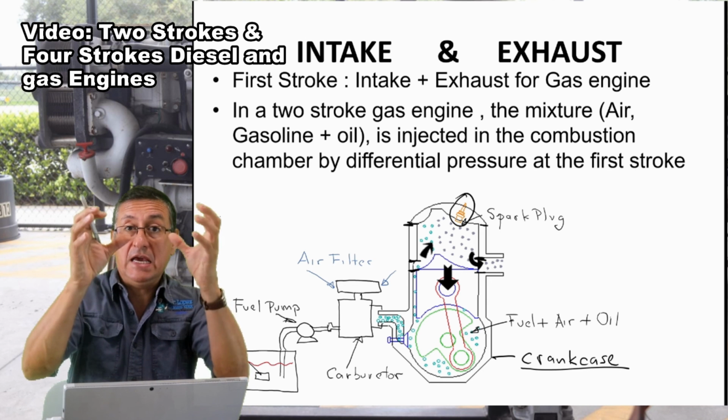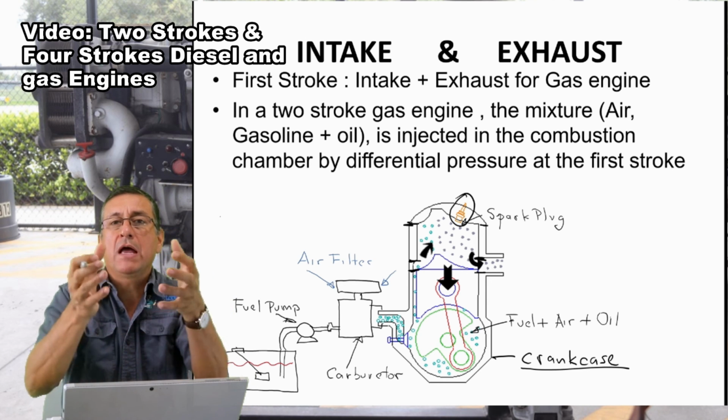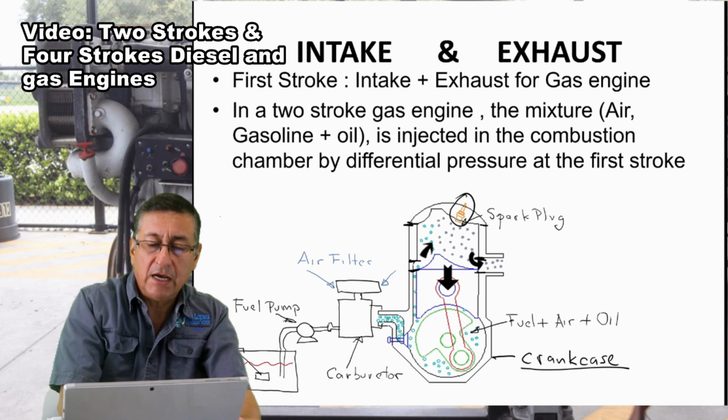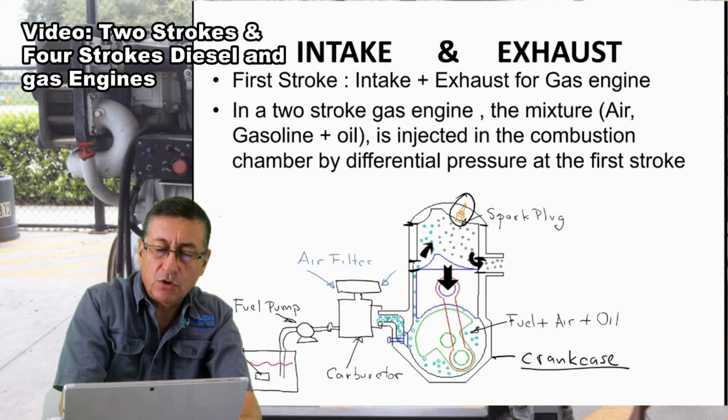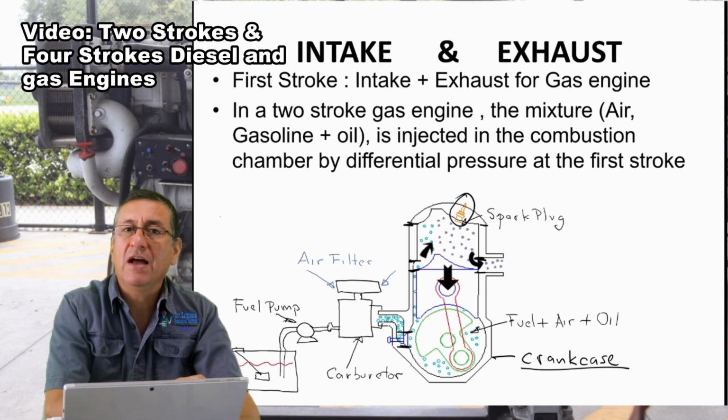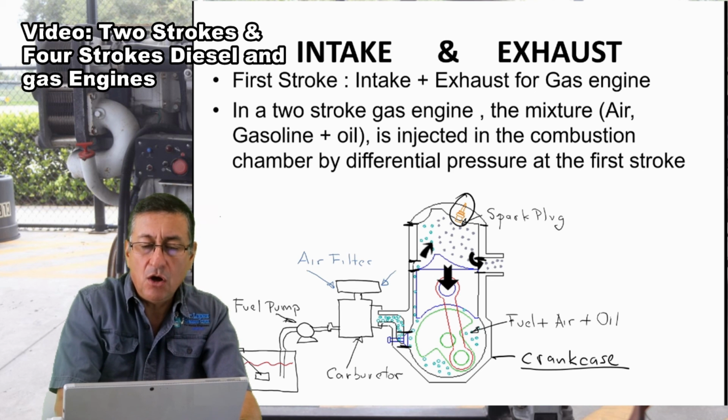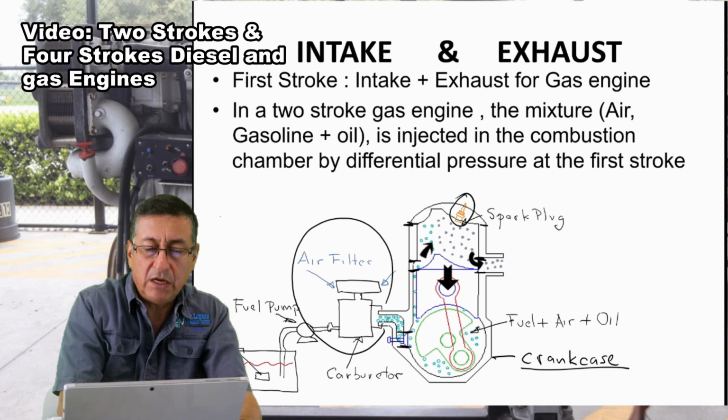At the bottom of the crankcase is where the oil pan would be together with the block. There is one port with a valve, like a check valve. That port allows, this is the carburetor with the air filter, with the fuel tank, and another tank here for oil.